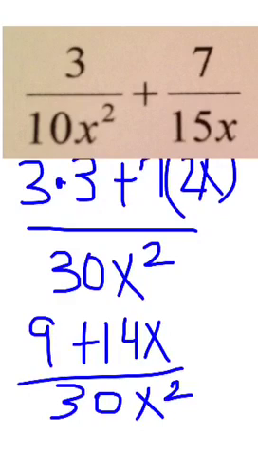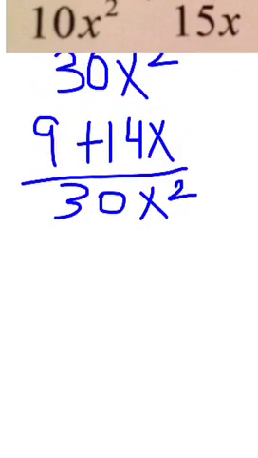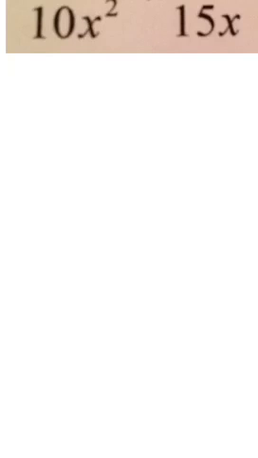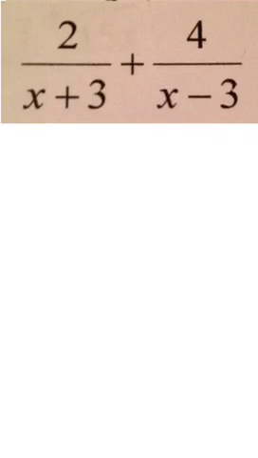Let's look at another example. And bear with me, I need to pull up my next problem. We have this expression and we need to simplify it or add it.